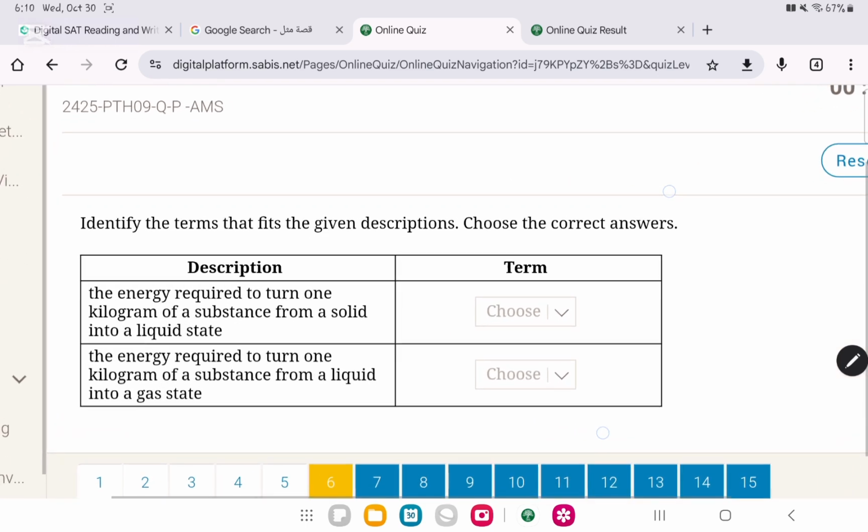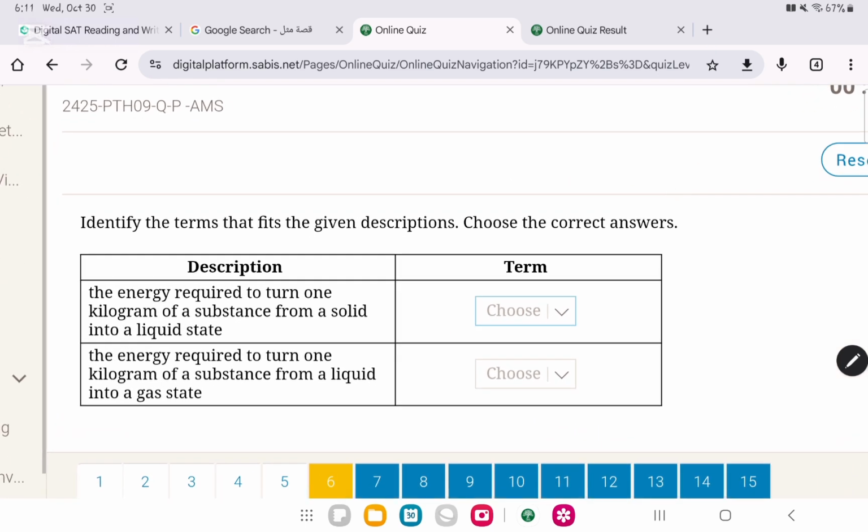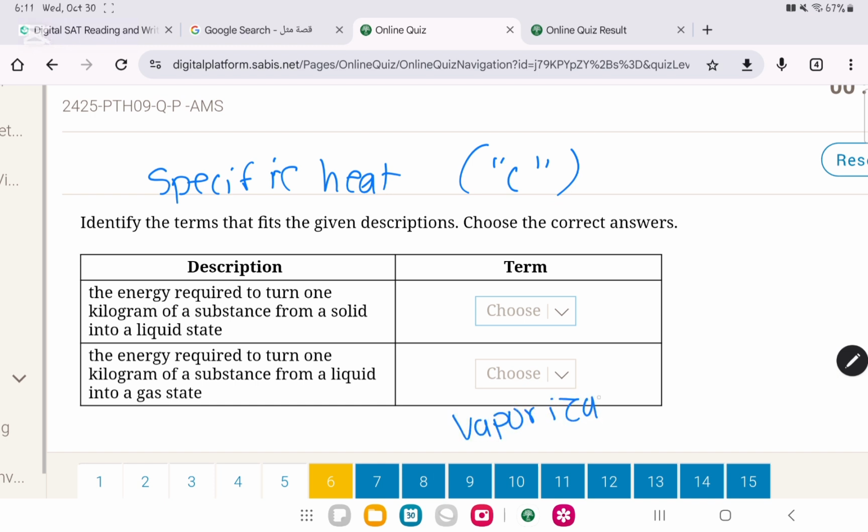Now we move on to question number 6. This is very important. In this chapter, we discussed only 3 specific heats. We have the basic specific heat, which is denoted by C. Then we have the specific latent heat of vaporization, denoted by LV. Vaporization means changing from a liquid to a gas.